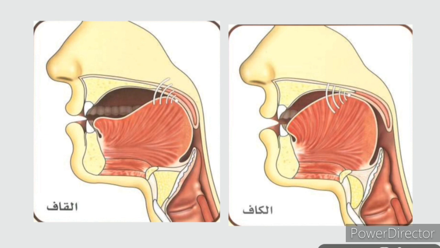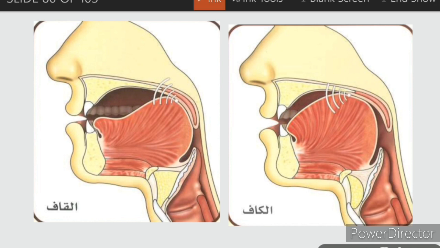Let's try to see the comparison between the two letters. This is kaf, this is qaf. So qaf, as you see here, is further back than kaf. Kaf is a little bit after qaf towards the mouth, and qaf is closer to the throat.